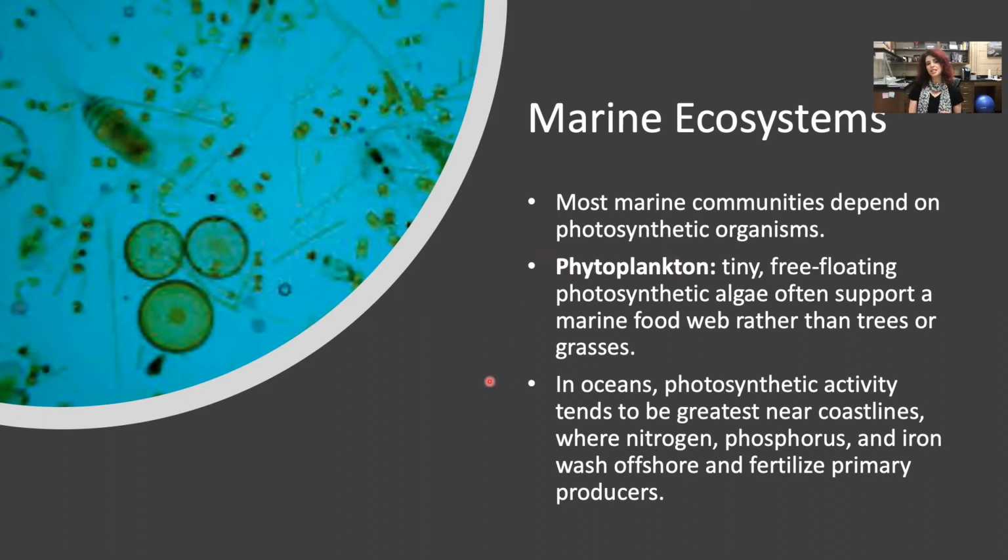So in oceans, photosynthetic activity tends to be greatest near those coastlines, because as I mentioned on the last slide, the terrestrial realm feeds a lot of nutrients into the ocean. What nutrients am I talking about? I'm talking about these macronutrients that are needed for growth, like nitrogen and phosphorus. But also something else that you might not think about is iron.